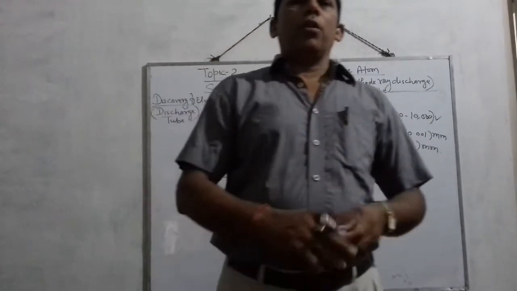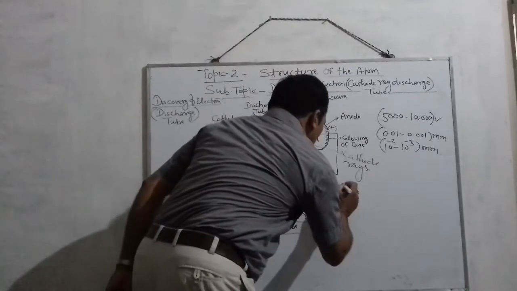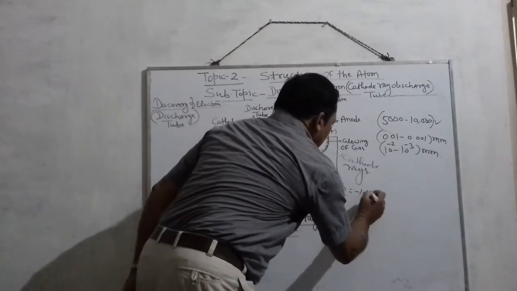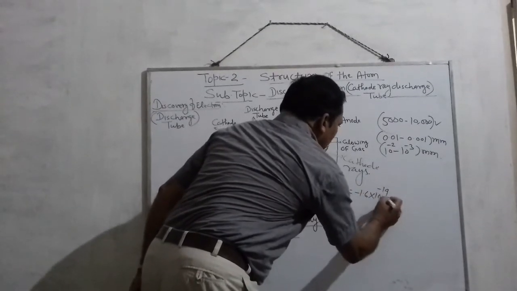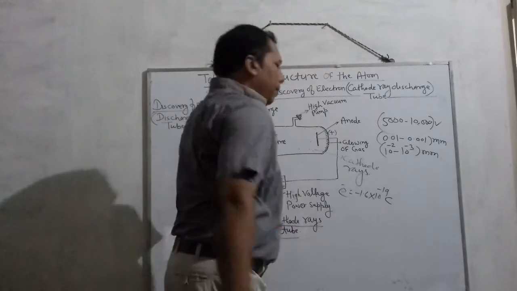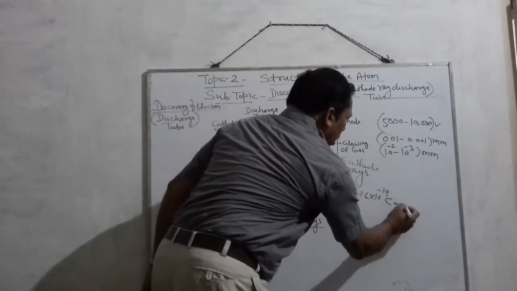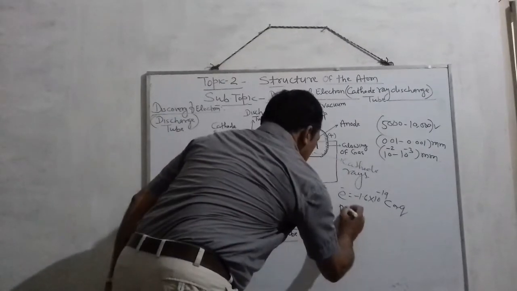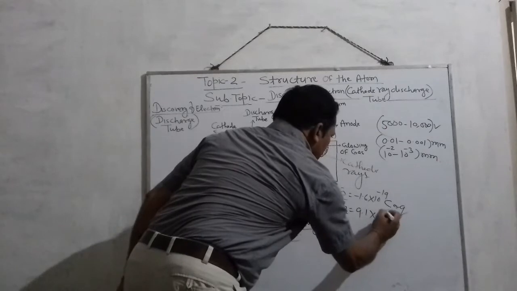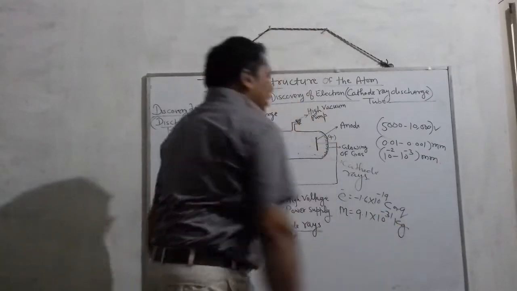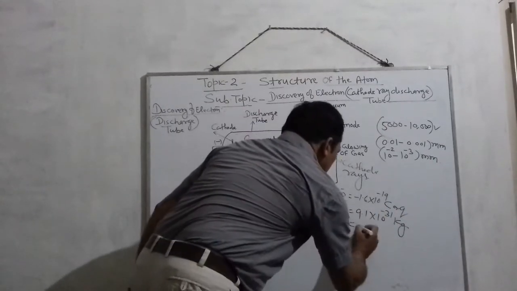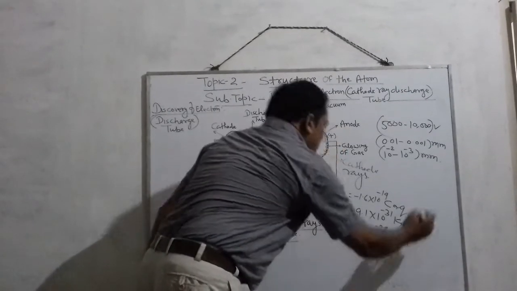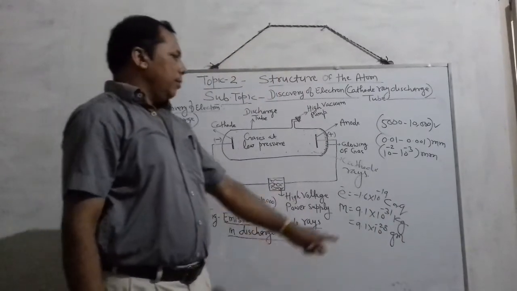The charge of the electron is minus 1.6 into 10 to the power minus 19 coulomb, represented by C or by Q, and the mass of the electron is 9.1 into 10 to the power minus 31 kilogram, or 9.1 into 10 to the power minus 28 grams. Alright?